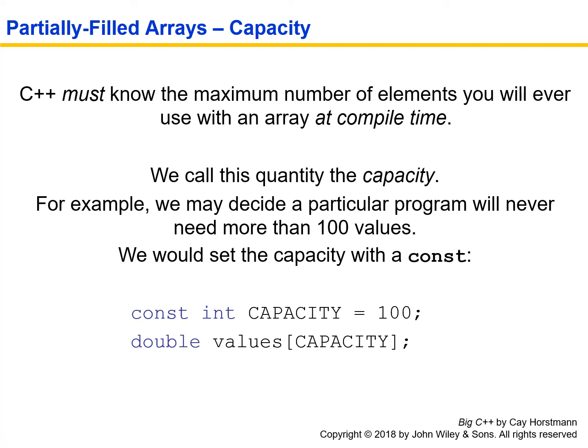Okay. Now, the reason we're not going to use the ranged for loop all that much in the rest of this class is that we often don't want to fill the array completely.